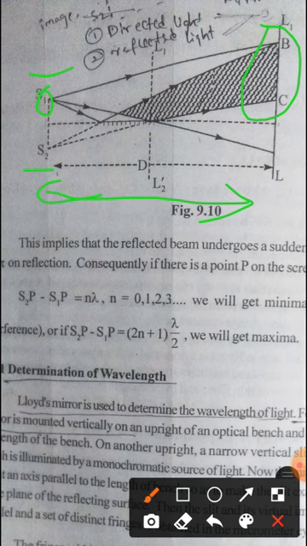Where it touches the end of the reflector, if the central fringe is observed with white light, it is found to be dark. This implies the reflected beam undergoes a sudden phase change on reflection.